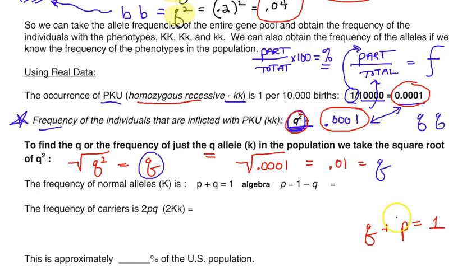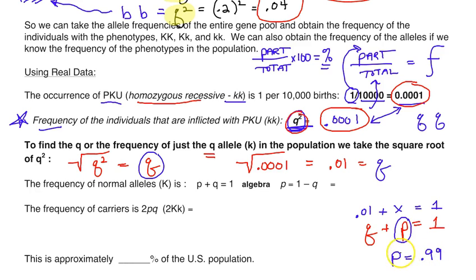Can I find p now? If I know q is 0.01, and 0.01 plus what number is equal to 1? Well, 1 minus 0.01, and you're going to get 0.99. So from this math, p, which is equal to the frequency of the dominant chromosomes, is equal to 0.99.